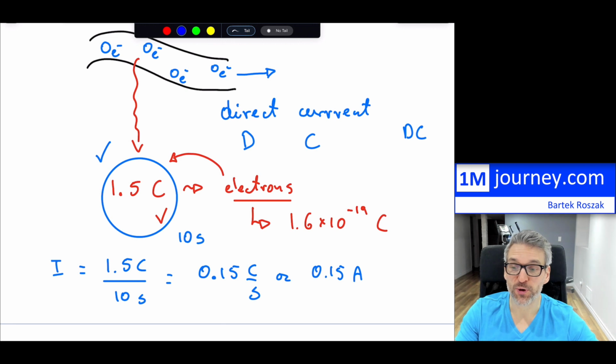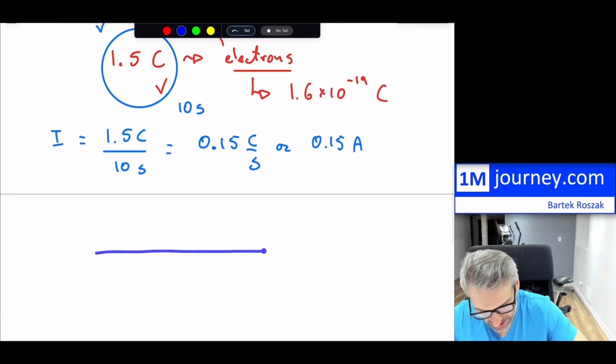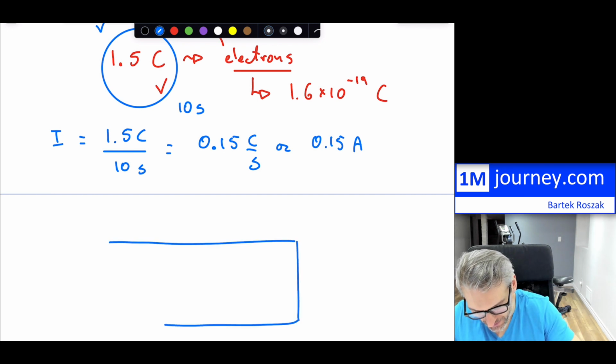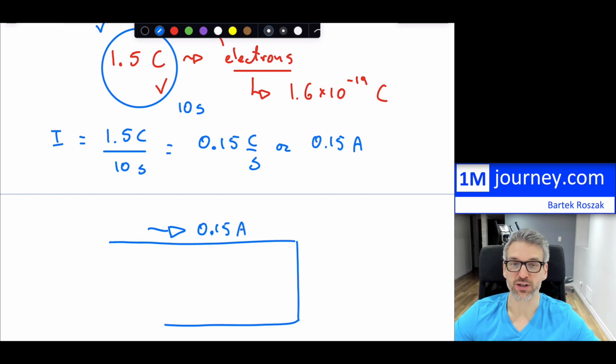Now, if we put the negative in there, notice the convention. So now this is positive 0.15, so what we would have is current flowing, so let's create a wire in here. We would say that 0.15 amps is flowing in, and this would have been the convention.